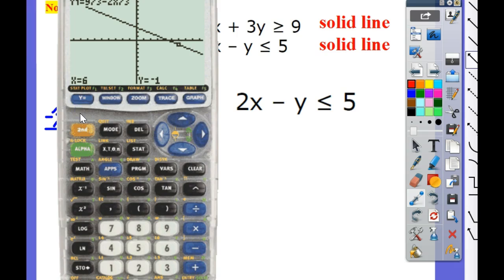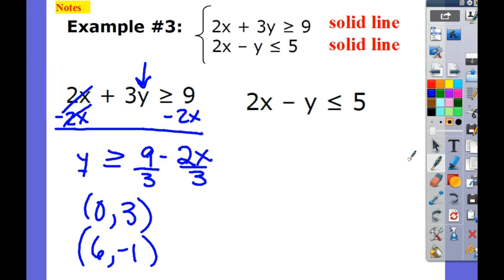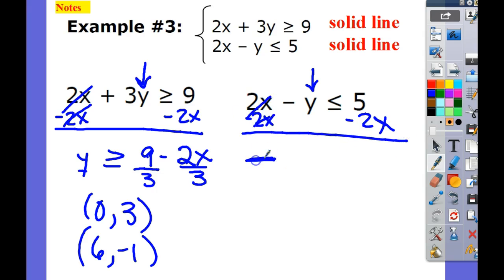The second equation in this example, I am solving for y, so I'm going to subtract 2x from both sides. Cancel. This does not say y. There's a negative sign out in front. So what do I do about this negative sign out in front?